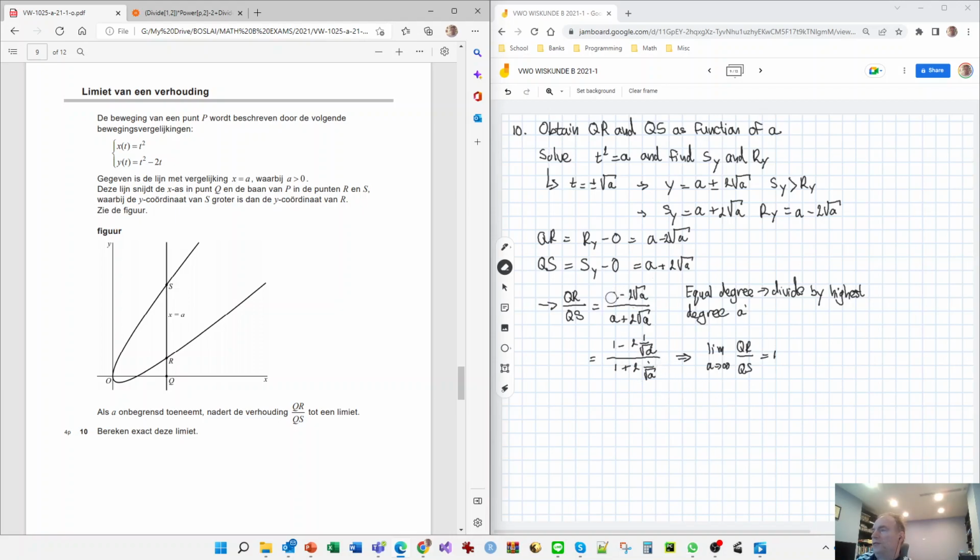So divide both by a, you get 1 minus 2 times 1 over the square root of a, over 1 plus 2 times 1 divided by the square root of a. And if a goes to infinity, these two terms approach 0, so you get 1. And that should be that limit. Interesting.